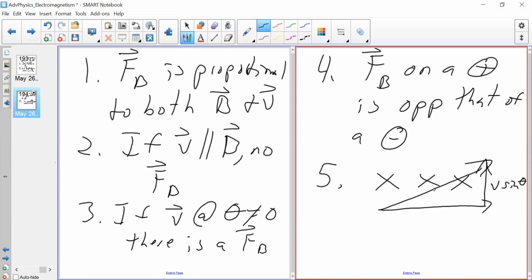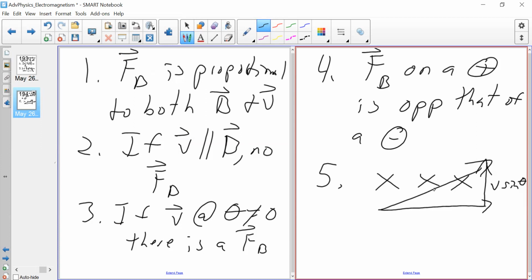So in this case, right-hand rule, my velocity, my v sine theta, my thumb is going to be pointing upward. My magnetic field is going to be pointing into the page. My fingers should be pointing into the page, and for you, it should be pointing into your paper or whatever. And then the magnetic force will be towards the left.